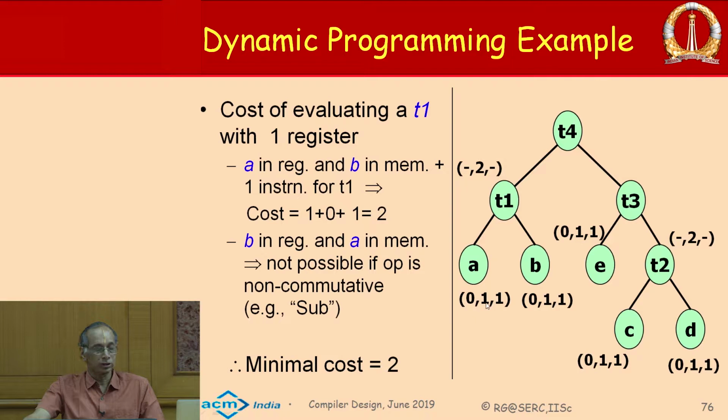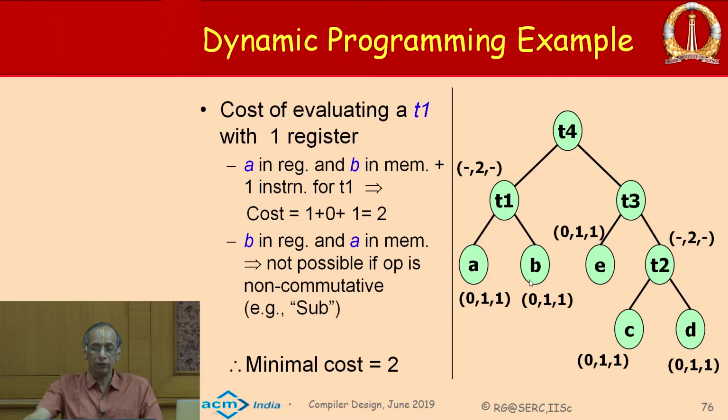One for loading A into a register, nothing for B because B is already in memory, and one for doing the add operation for T1. So, that is the cost of generating code for T1 using one register for A and 0 registers for B.